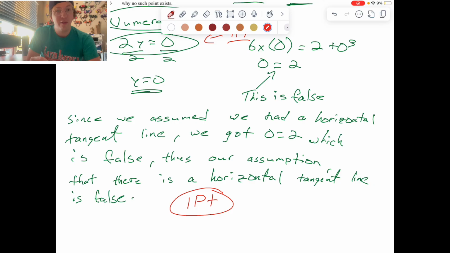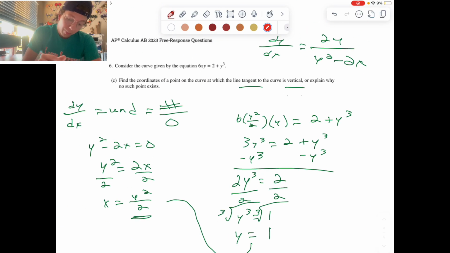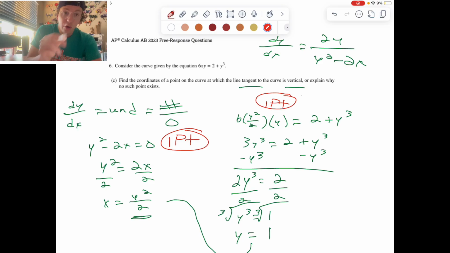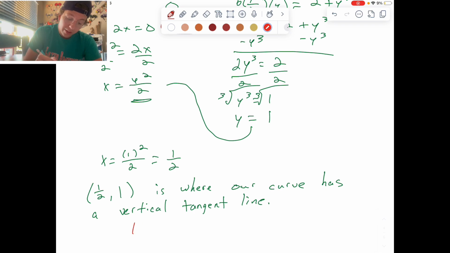And you had to have reason for that. Part C, you got 1 point for setting your denominator equal to 0. You got 1 point for plugging in your expression for x into the original curve. And then you got 1 point for your coordinates, that 1/2 comma 1. So that question was worth 3 points.